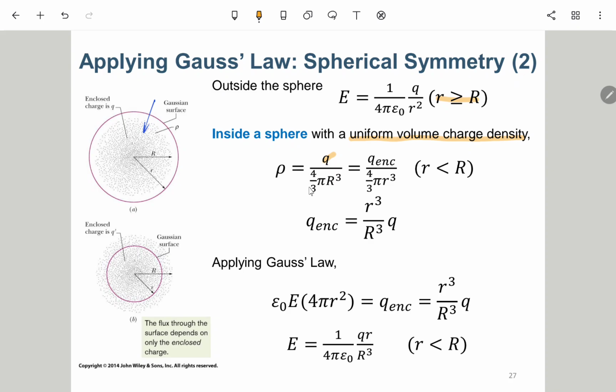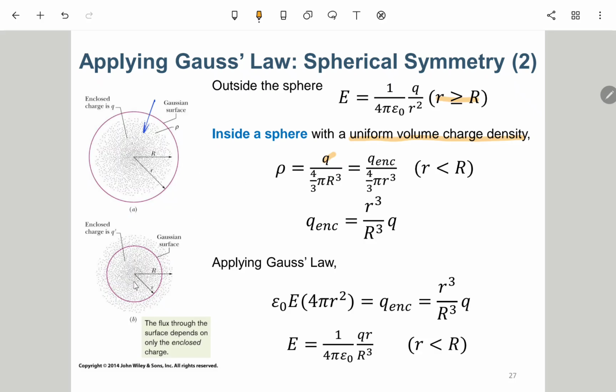The volume of a sphere is 4/3 pi R cubed. This should have been learned in high school geometry. So actually, the total charge divided by the total volume will be the density, because the density is uniform over the whole volume.